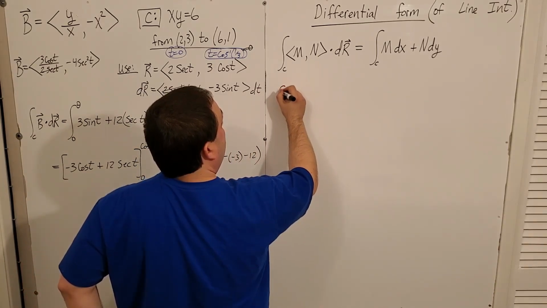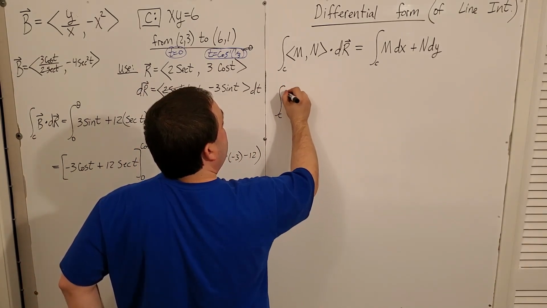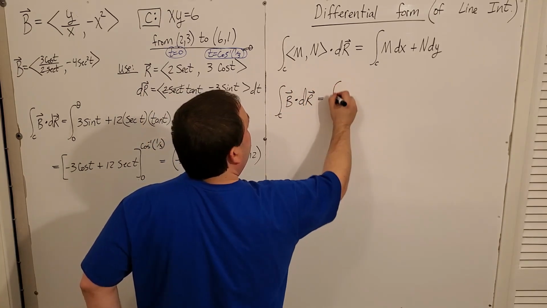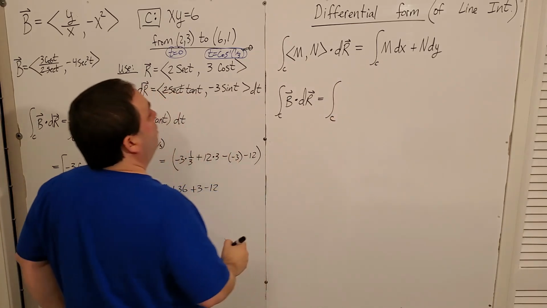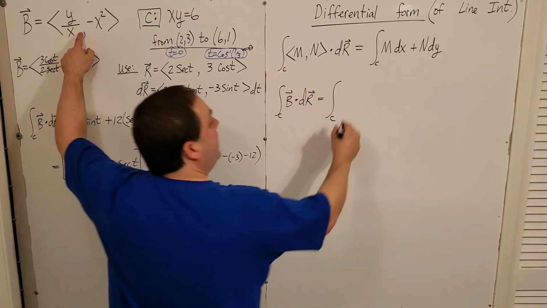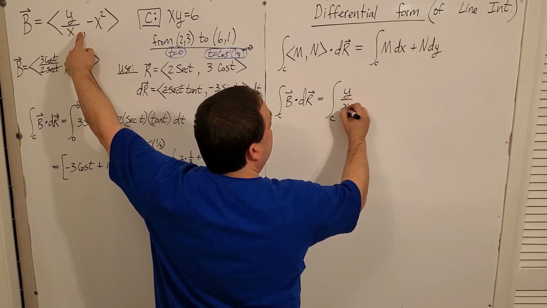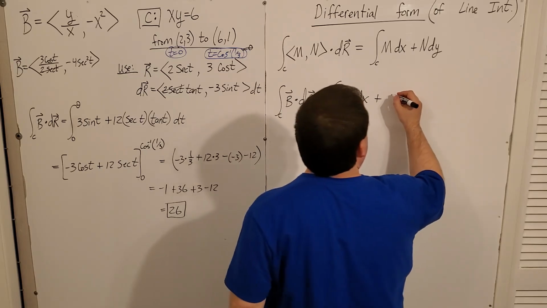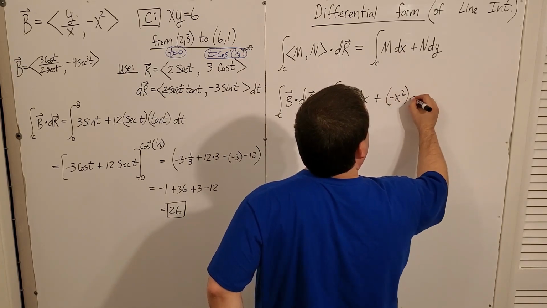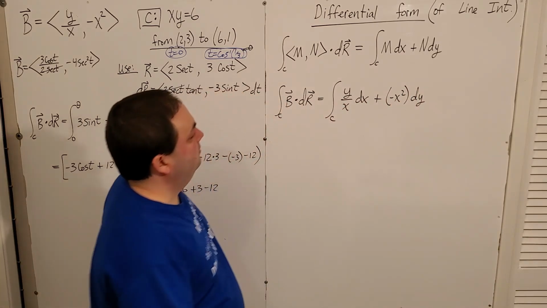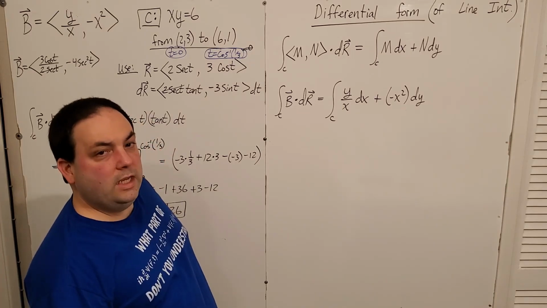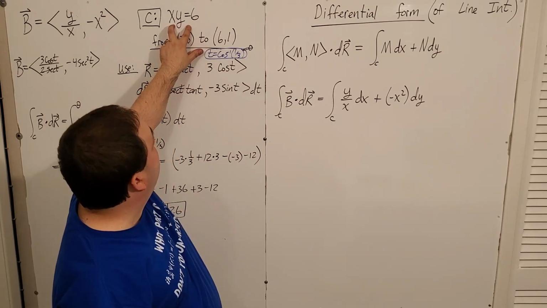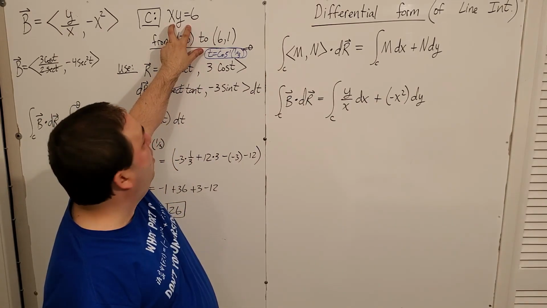So let's look at this again. If I have the integral over our curve of b dot dr, that means what I have is the integral over our curve of y over x dx plus -x squared dy. And then we can clean this up a little bit because our curve C is given by this relationship between x and y.